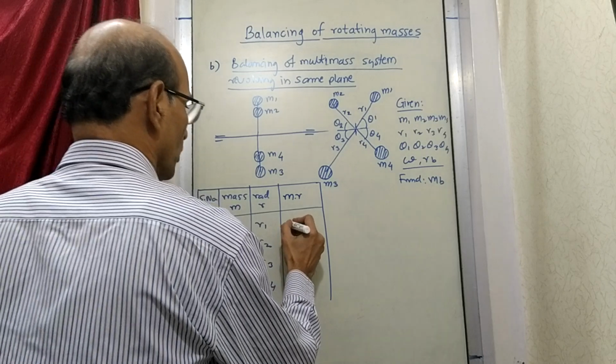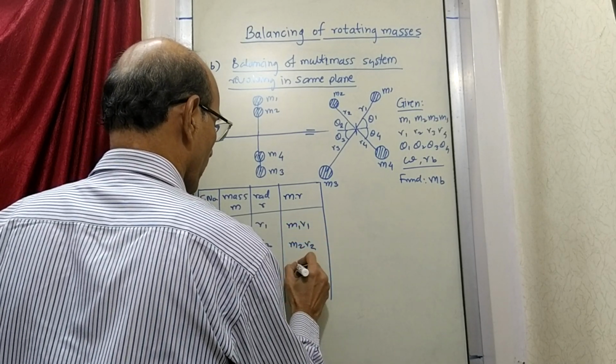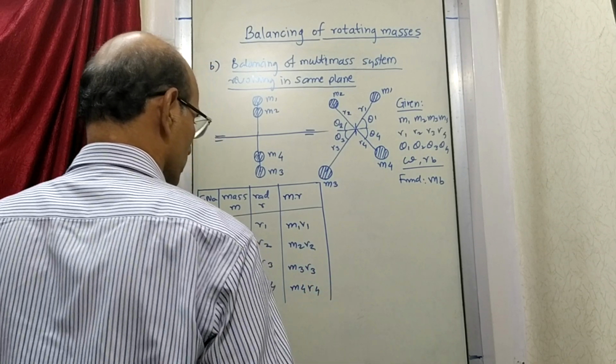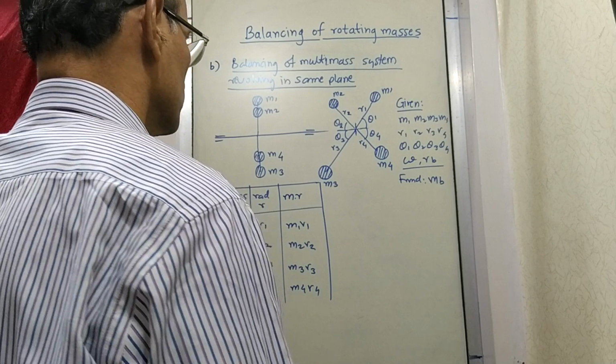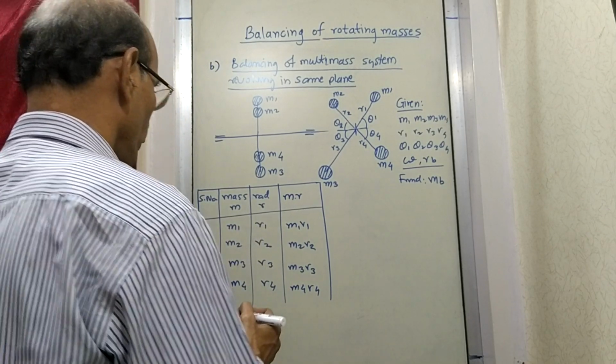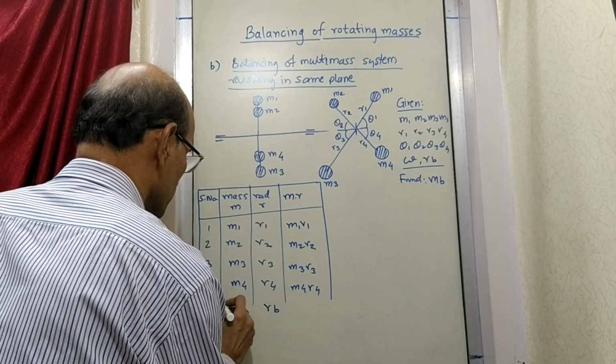Then we find out how much M1 R1 is. We then write M_B and R_B. These are the balance mass.